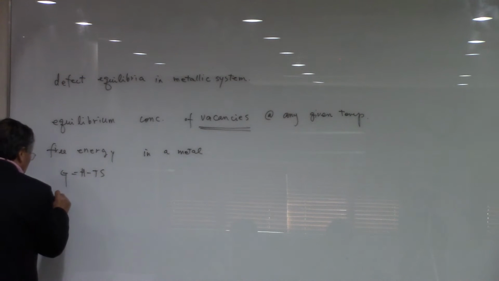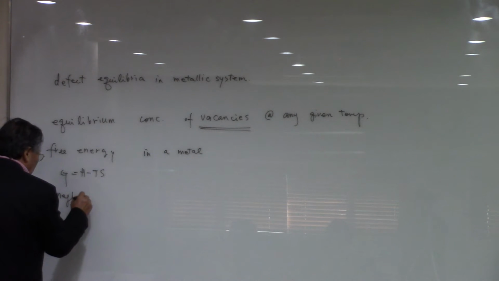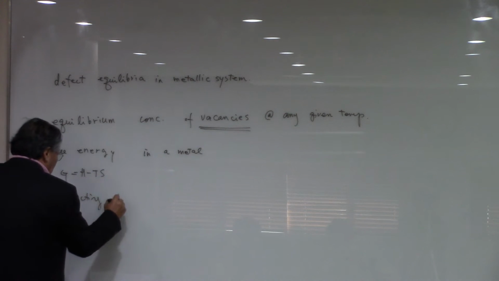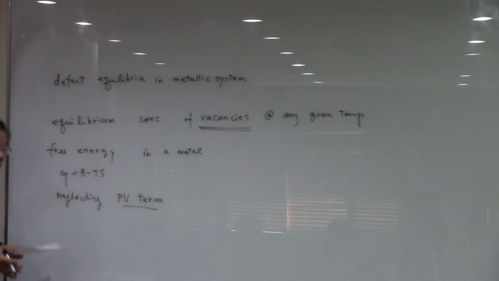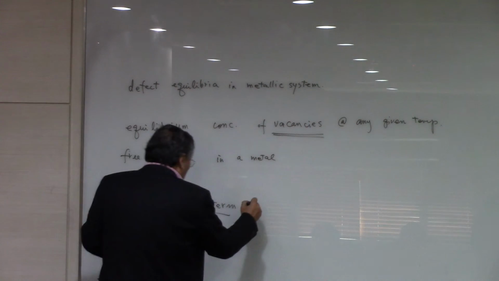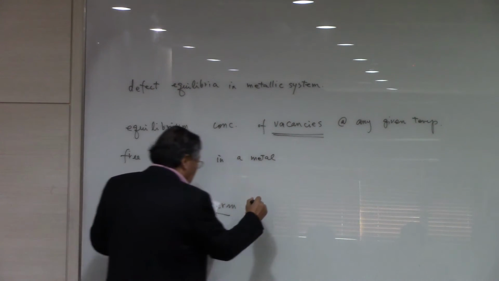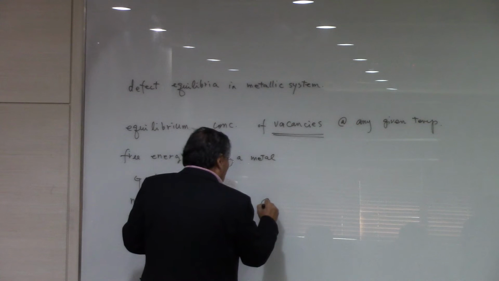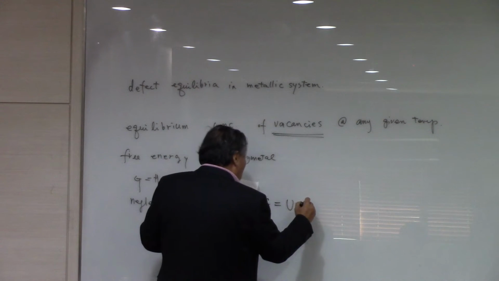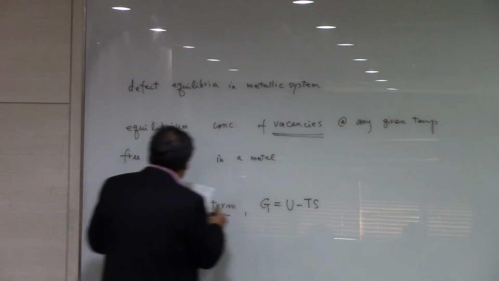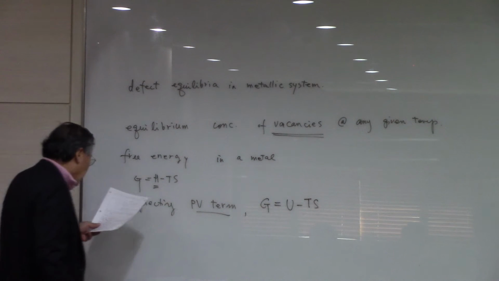And if we neglect the PV terms, in other words, we just ignore the volume changes or pressure changes and so forth, which is reasonable in most cases, we can say G is the internal energy U minus TS, instead of the enthalpy H here.